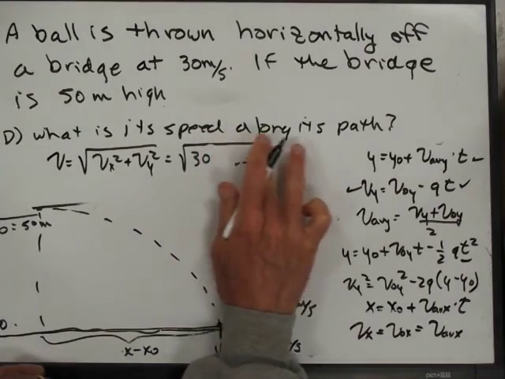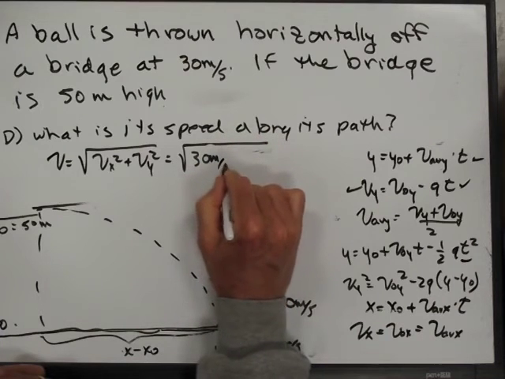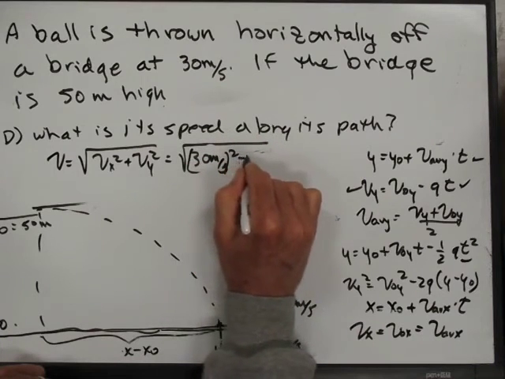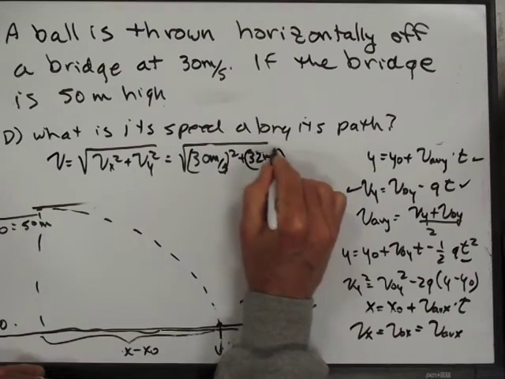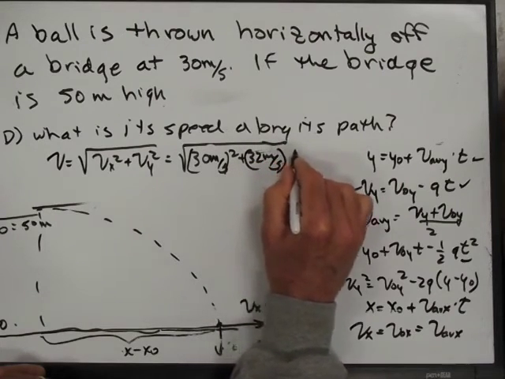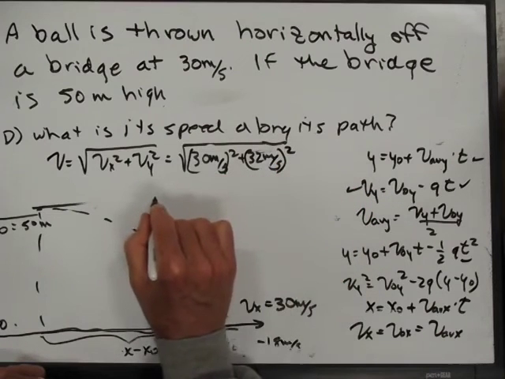Well, I better do better than that, right? The square root of 30 meters per second squared plus 32 meters per second squared.